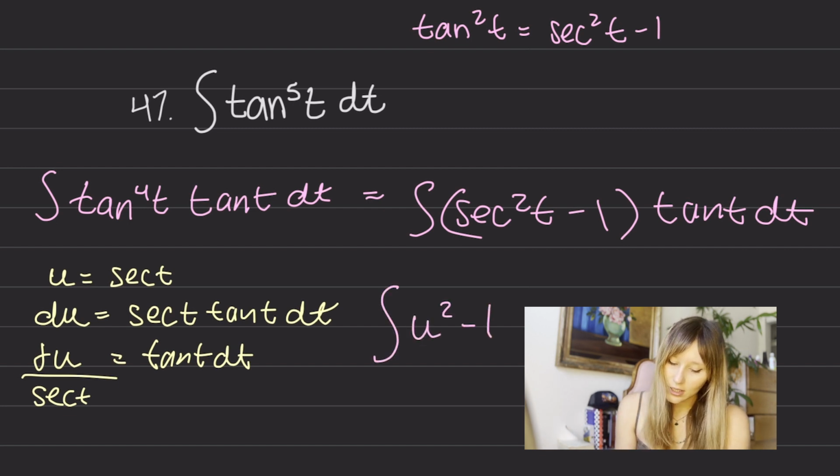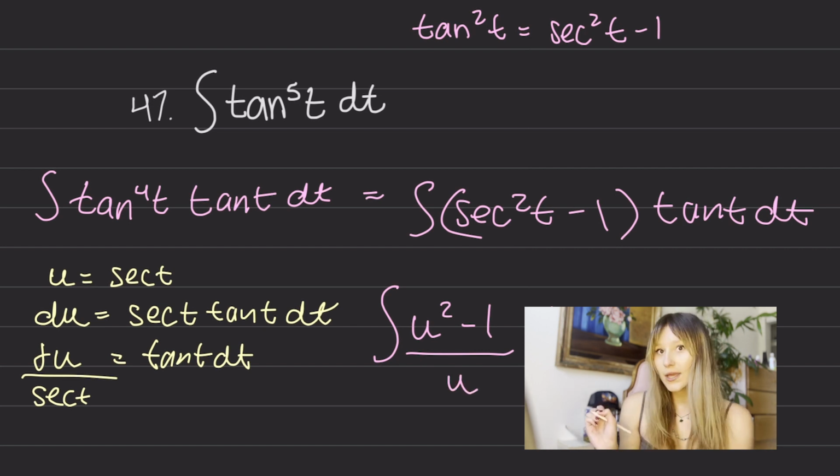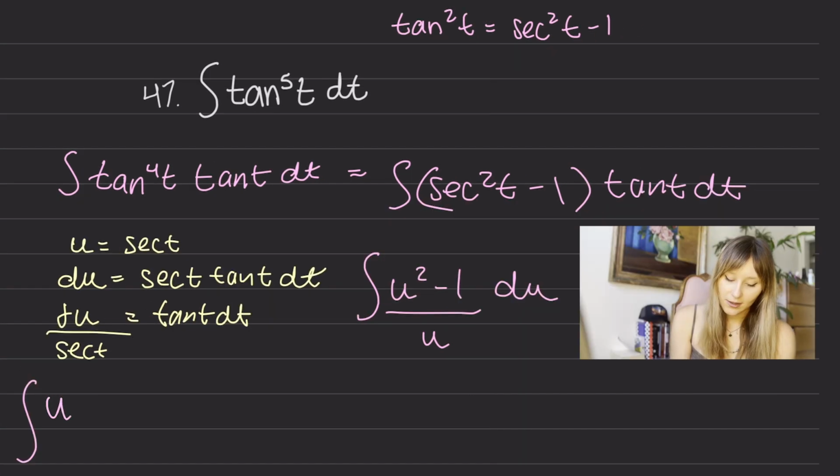So we got u squared minus 1, and we get times du over, that secant t is a u, right? Then we are going to pull those apart because we can, and it'll make it easier. So I'm going to do that really quickly.